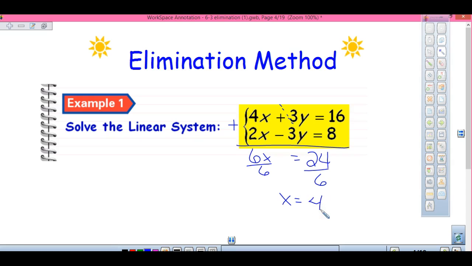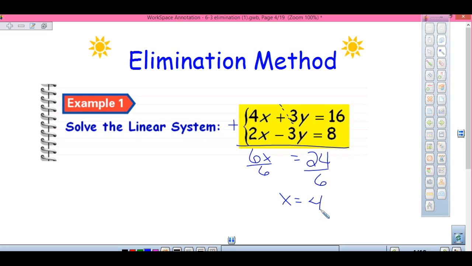So now I have x, but what else do I need? I need y. So how am I going to find y? Well, what we can do is we're going to plug it back in to one of these equations. Okay, and here's the deal. It does not matter which equation you plug it into. I usually just pick the top one just because.